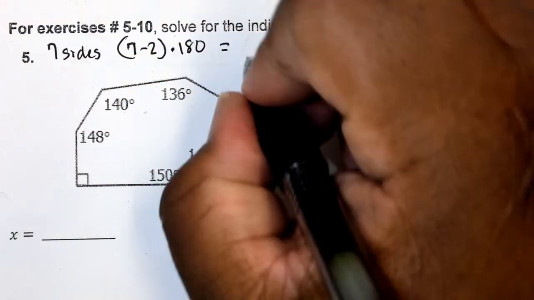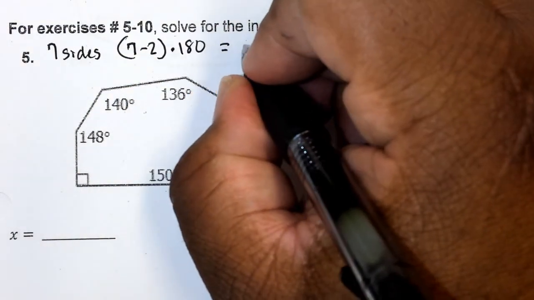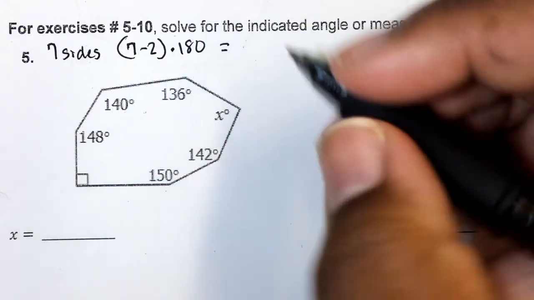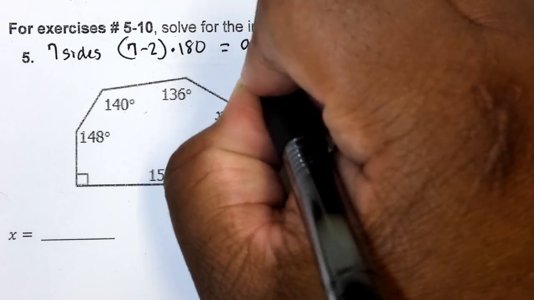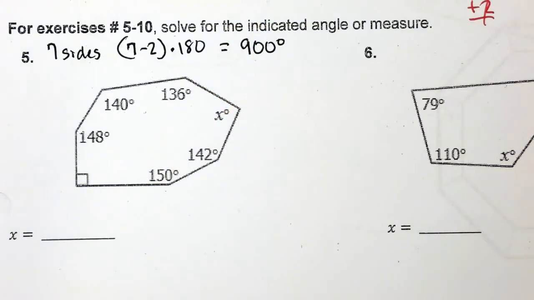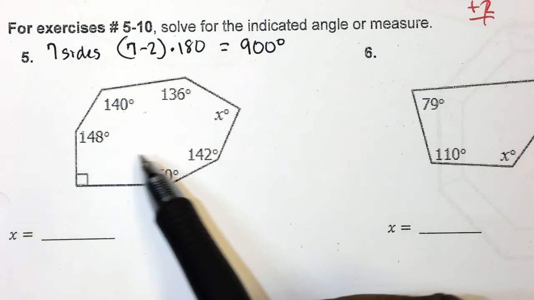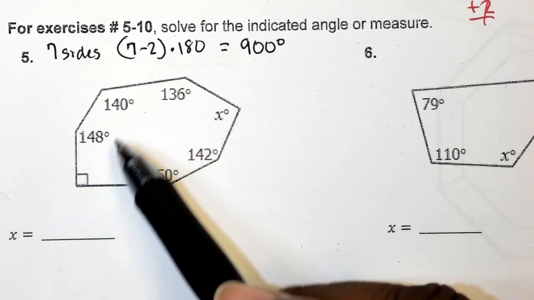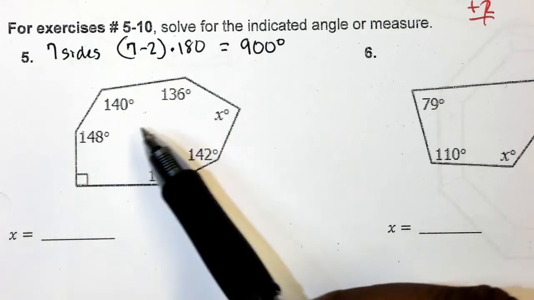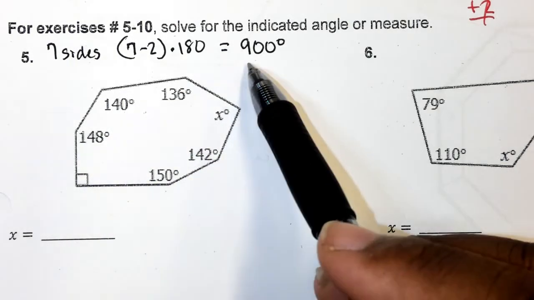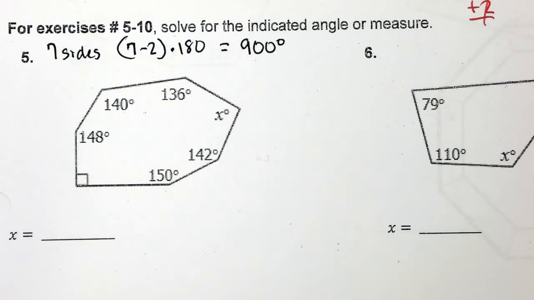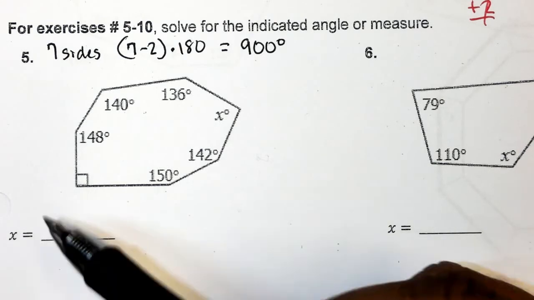And what do you say? Yeah, 5 triangles, so 5 times 180. What is it, 900? Yeah. 900. So this 7-sided figure adds up to 900 degrees. That's good to know. Now that I know that, I can add all these things together, subtract from 900, and I'll get x. But y'all know I'm going to write an equation because that's just what I do.